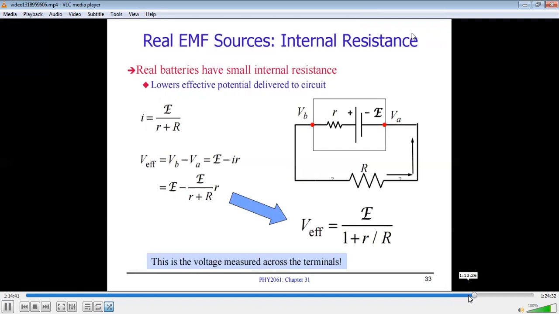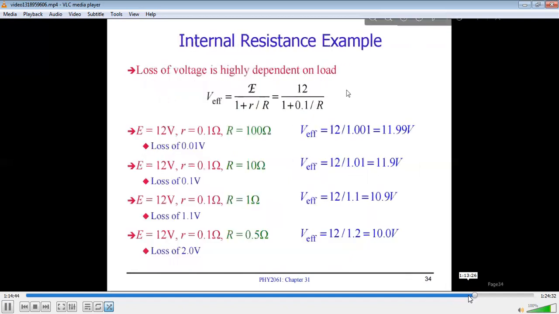So the effective voltage will be this. Now the loss of voltage is highly dependent on the load. Using these examples, we can find different electric potential differences for different EMF, different internal resistance and external resistance.